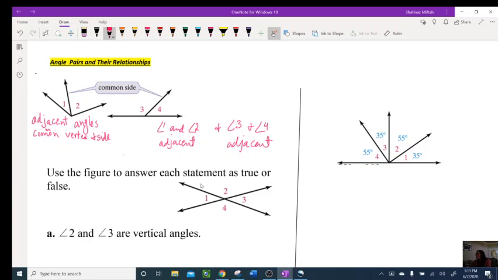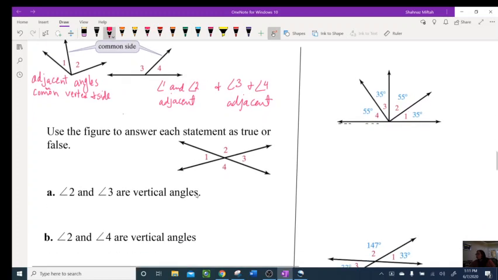Okay, now let's talk about vertical angles. What are vertical angles? Two angles are called vertical angles if their sides form opposite rays.